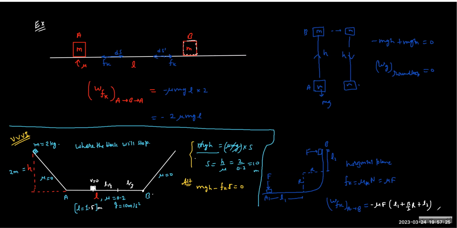Yes, sir. And there is one more interesting thing which you will come across, and that is even more useful and important to remember. So we have a track, and you are supposed to assume there is no corner, so it is a smooth transition. Okay, so we are not assuming any loss of energy.